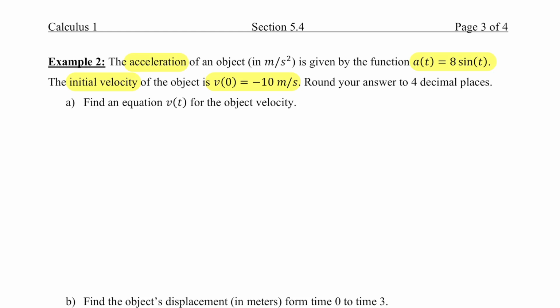Question A. We want to find an equation v of t for the object's velocity. We're given the acceleration, a of t equals 8 times sine of t. a of t is the derivative of the velocity, so a of t is v prime of t.